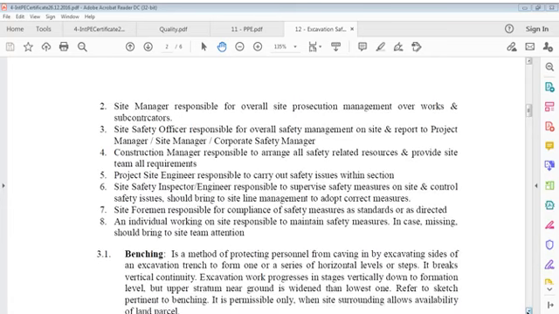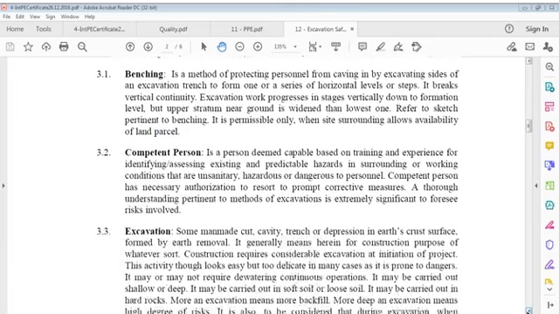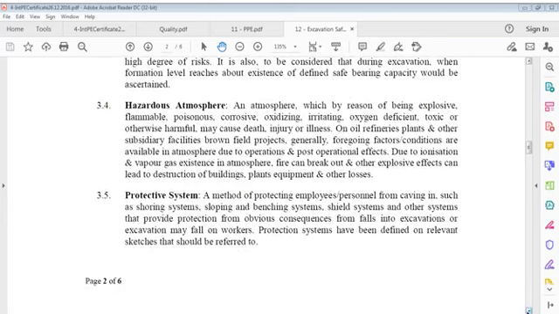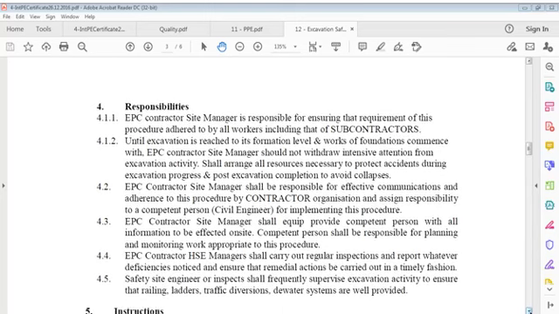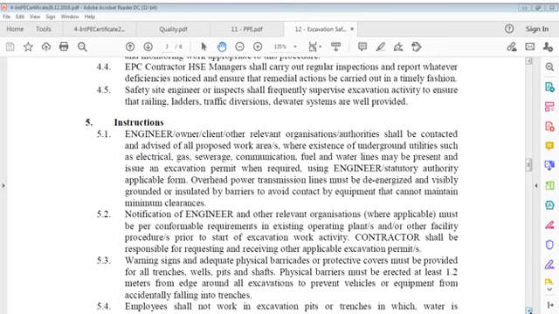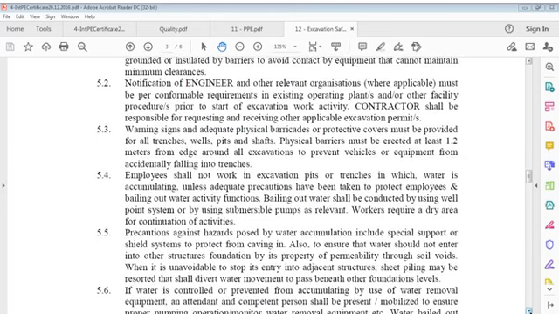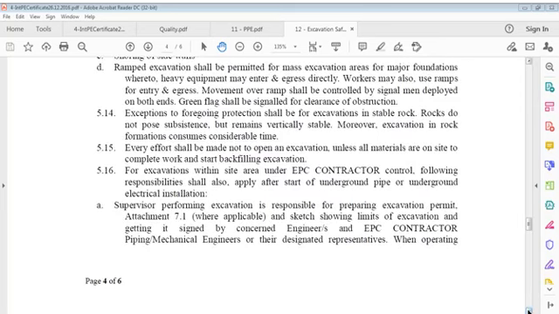Benching is to be defined, competent person is to be defined, excavation to be defined, hazardous atmosphere to be defined, protective system to be defined. Then responsibility is already there, instructions are there. This is something very technical.